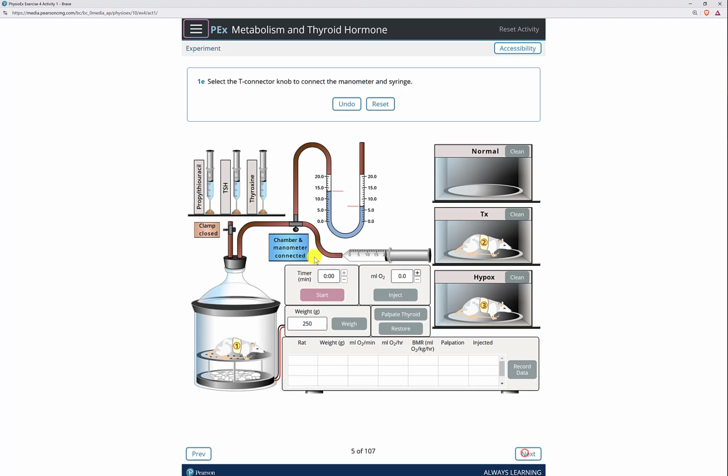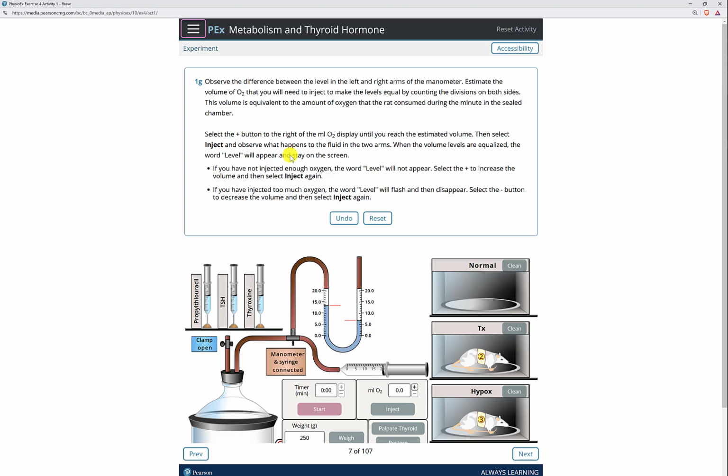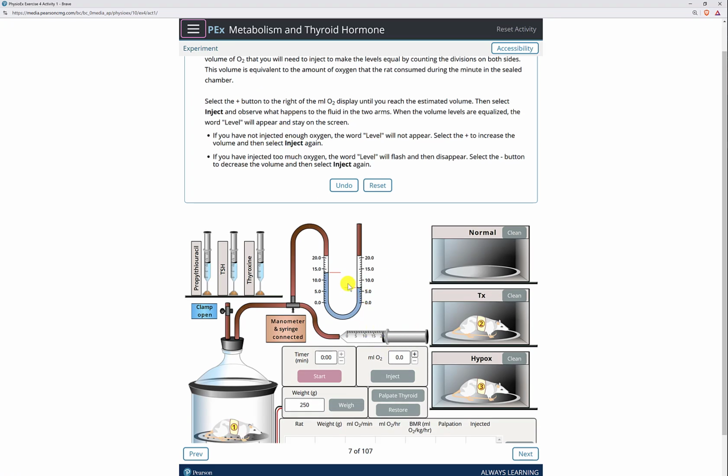Okay, next. Select the T-connector knob to connect the manometer. This is it. Next, select the clamp on the left to open it. Then here, what does it say? It says that we need to estimate the difference between those two fluids, and inject this difference in the form of oxygen. This difference should be around 7 milliliters of oxygen. So we will inject 7 milliliters. It should level.